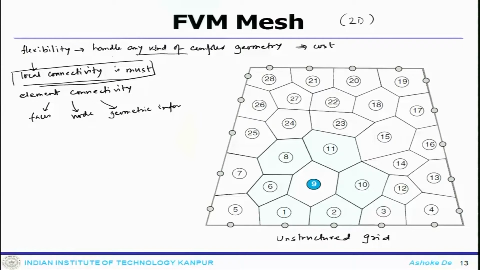For a particular element, if you consider this one, you also need other geometric information which includes all the neighboring cells.